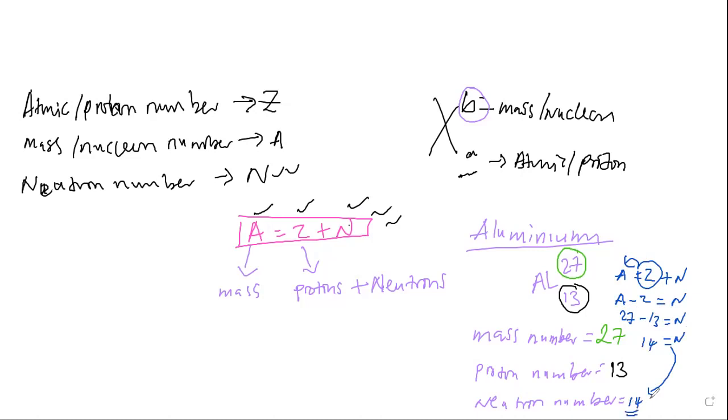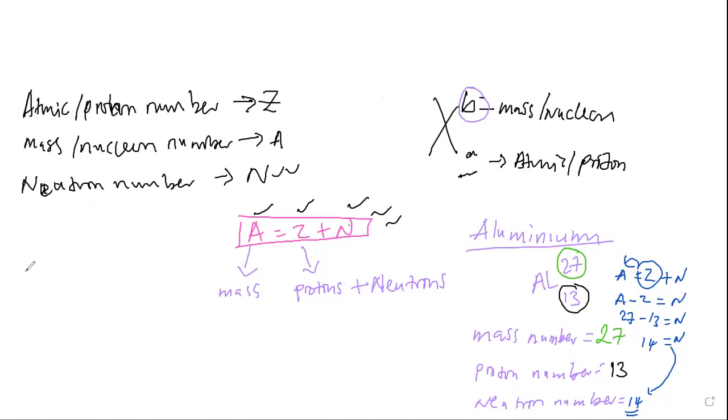Okay. So that is how we find the mass number, proton number, and the neutron number. Now, a question will not come as simple as that.